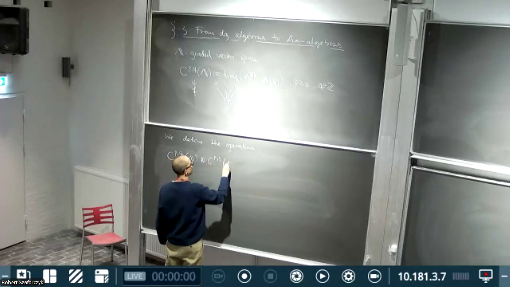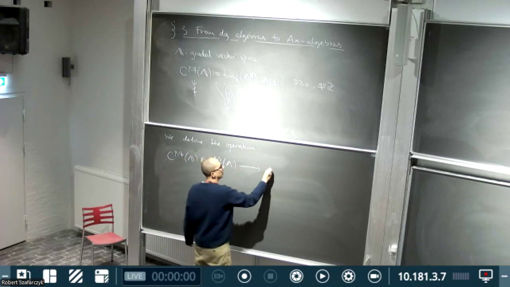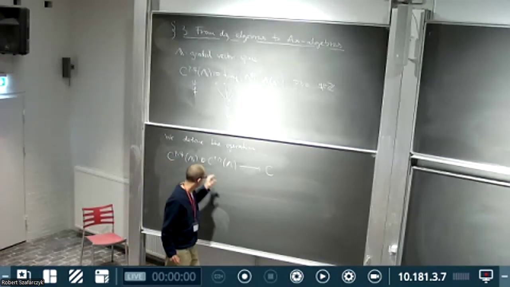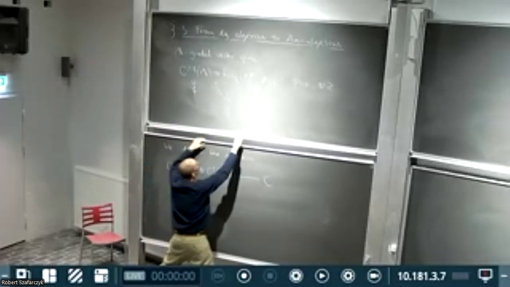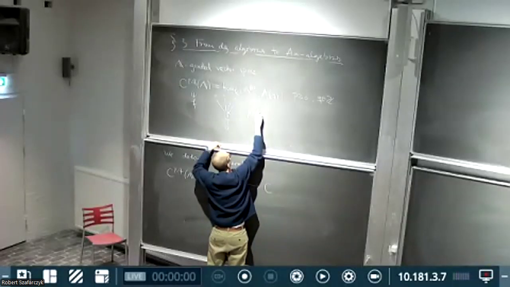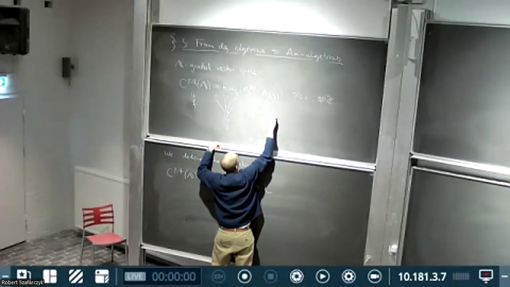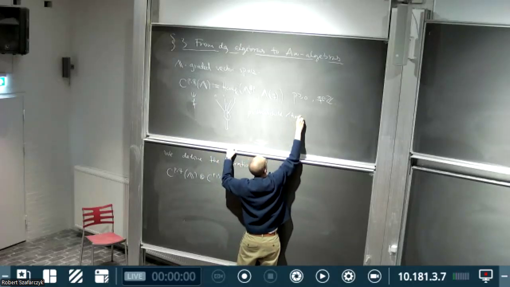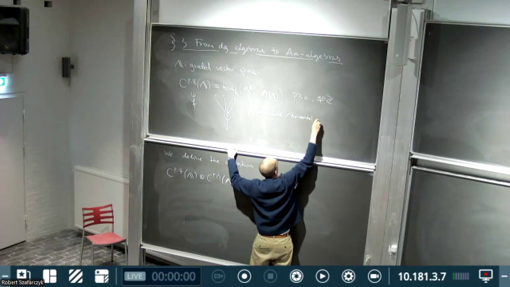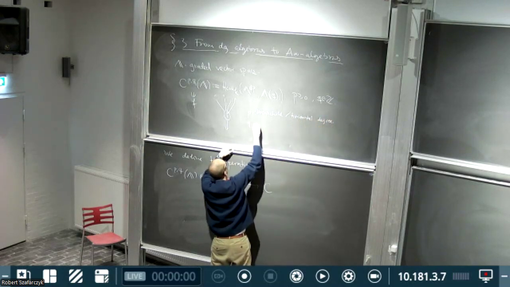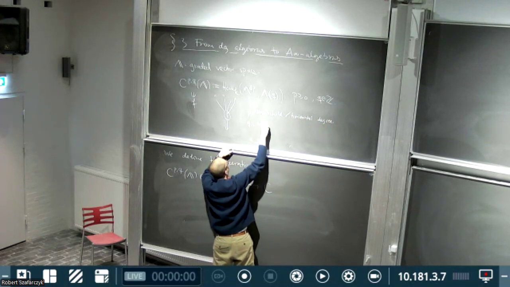By the way, I didn't say p is called the Hodge or horizontal degree, and q is typically called the vertical degree.